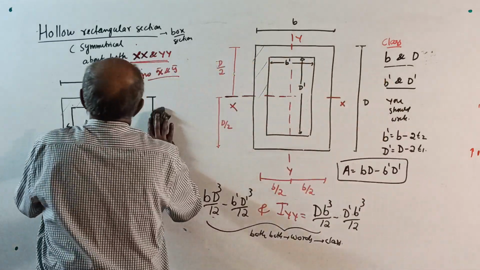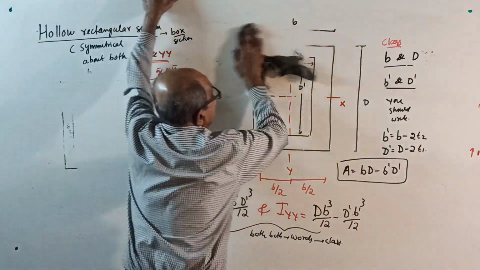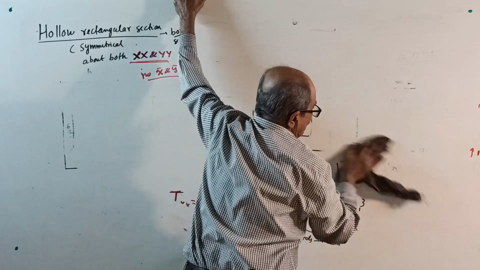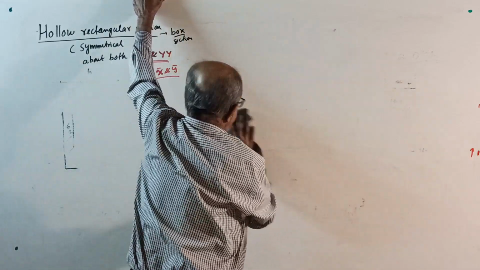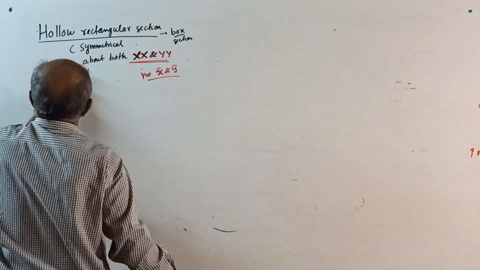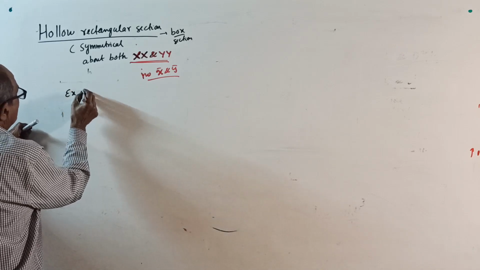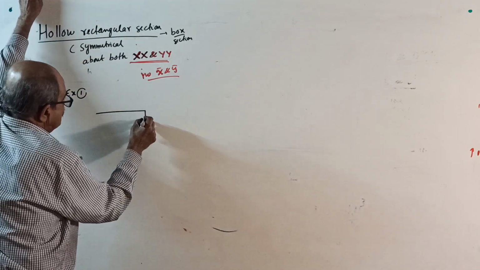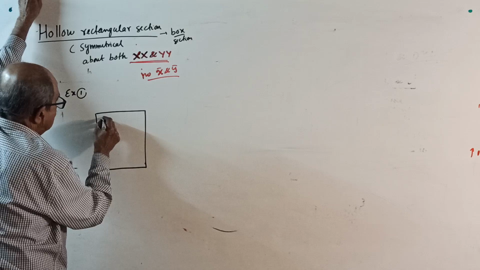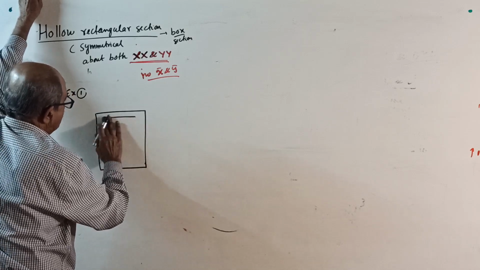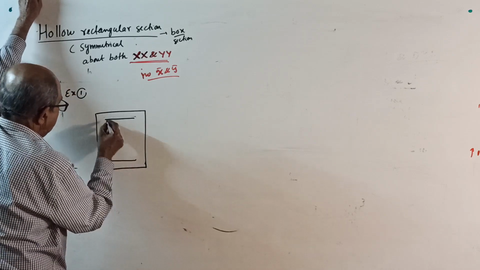See, this one, no x bar, y bar. First I will give an example. Now this will not take much time. Example 1. Both are the same thickness, though it can be different.